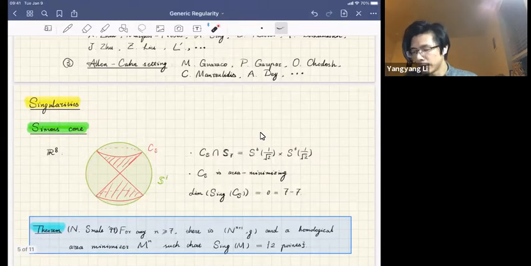So this is the example if we consider a minimal hypersurface inside Euclidean space, and this is the first one with a non-trivial singular set.